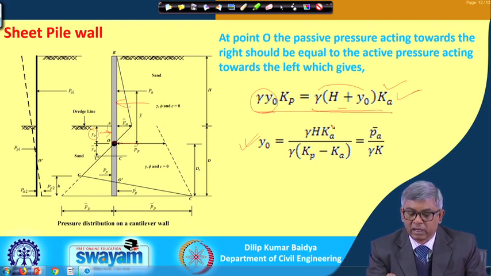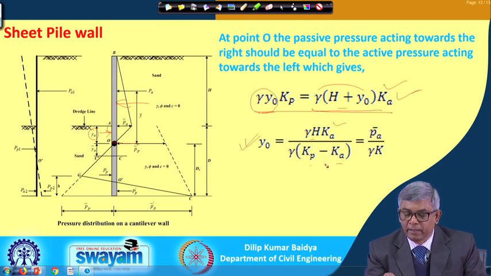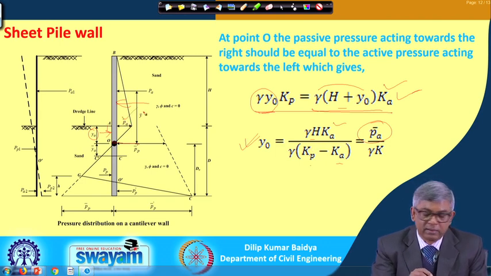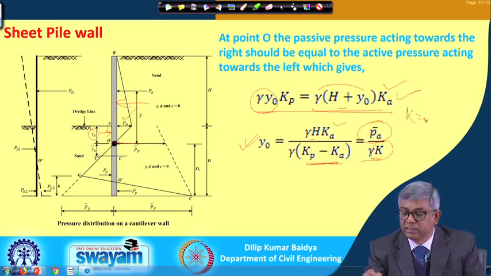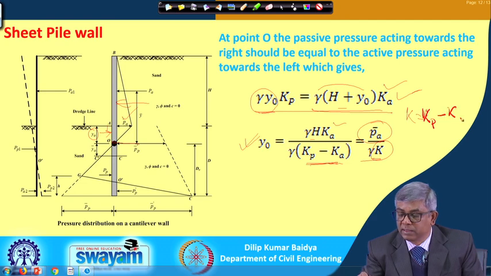Y naught will be gamma H K a by gamma times K p minus K a, and gamma actually gets cancelled. Gamma H K a is given as P a bar, that is the one, and gamma times K p minus K a is written as K, which is nothing but K p minus K a.